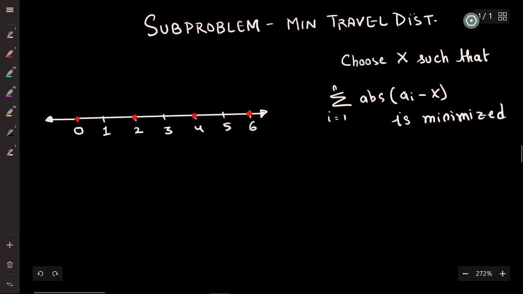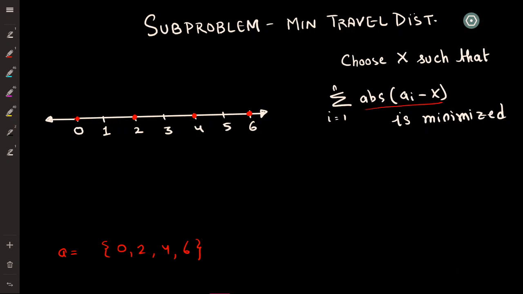Okay, so the problem is given as follows. You're given an array A. In this case, array A is 0, 2, 4, 6. Now, we have to minimize the value of the absolute value of ai minus x.